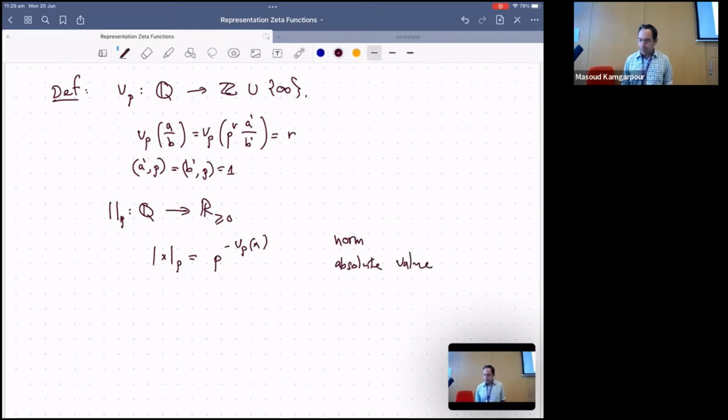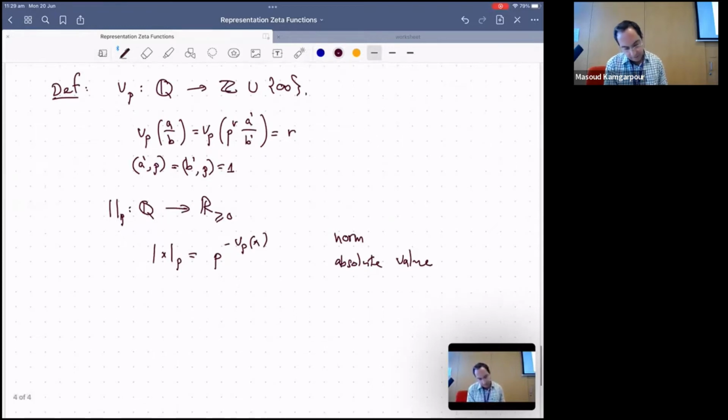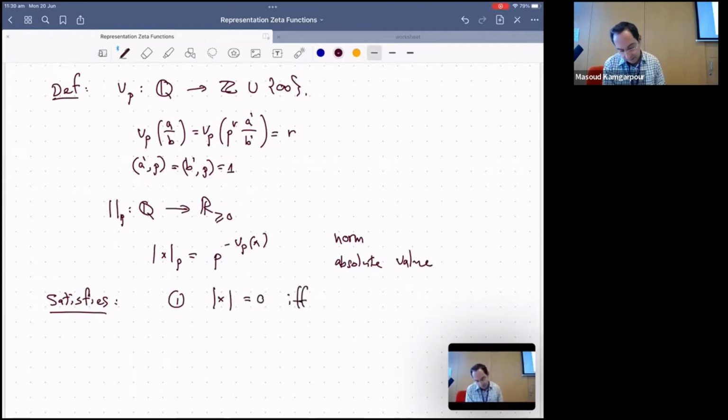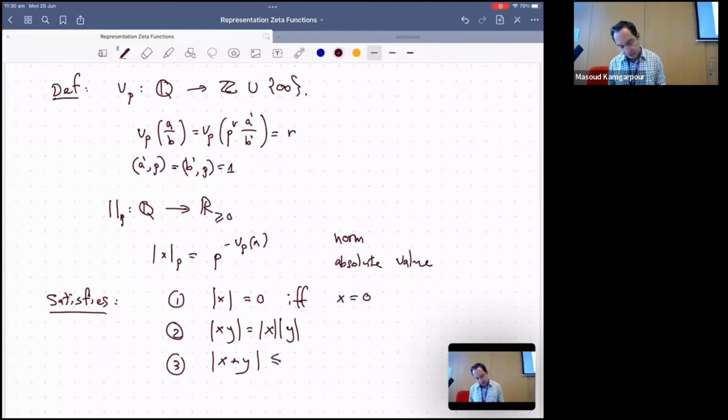And indeed you can easily prove that this is a norm, so it satisfies: the first thing is that the norm of a number is 0 if and only if it's the 0 element. The second thing is that it is multiplicative. And the third thing is that |x plus y| is less or equal to |x| plus |y|.